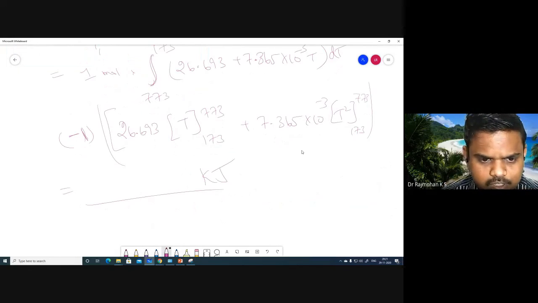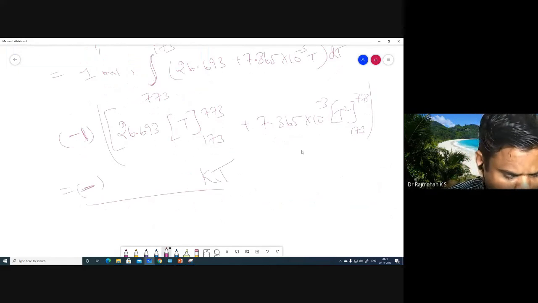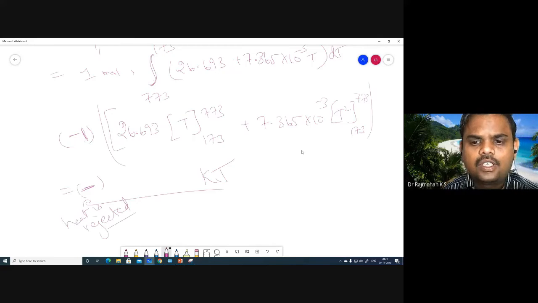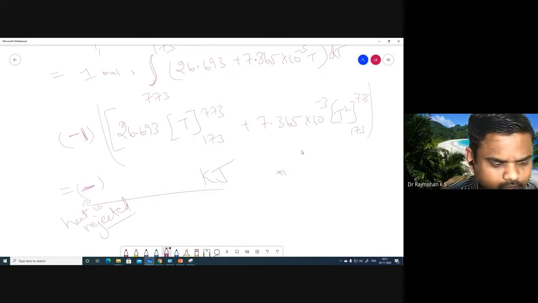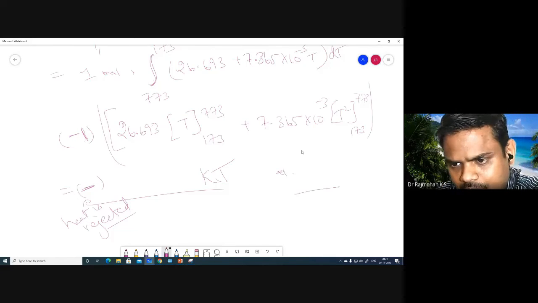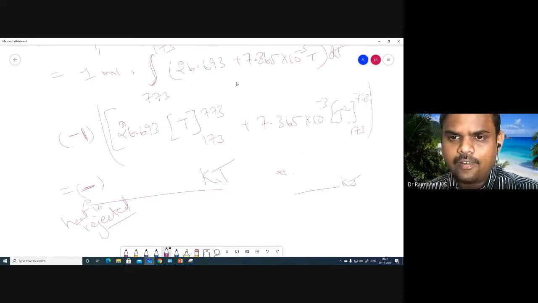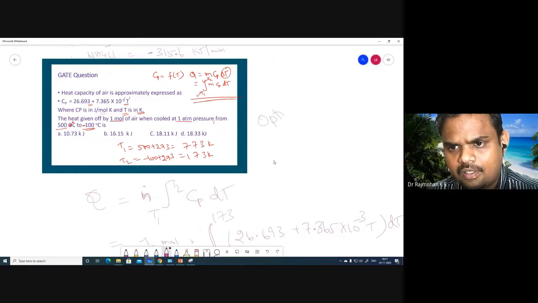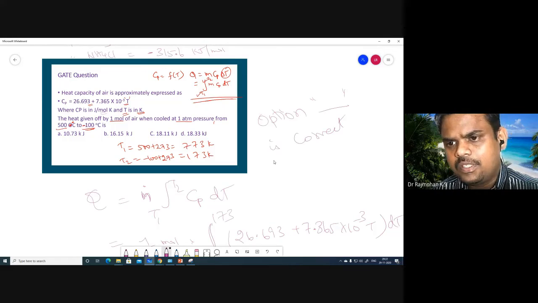And this negative sign is only an indicator that heat is rejected. So you have to report the answer only as a positive value. Whatever you get, write it and check what you are getting. Among the four options, you must find your option, and finally write which option is correct. Please comment your answer.